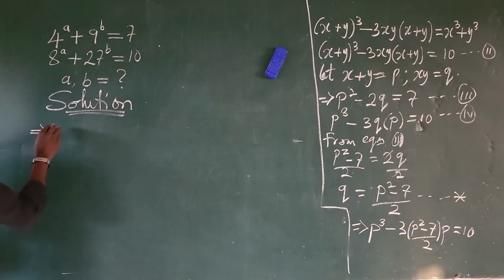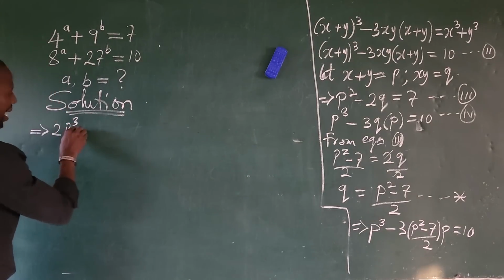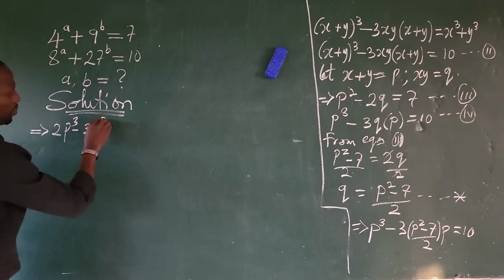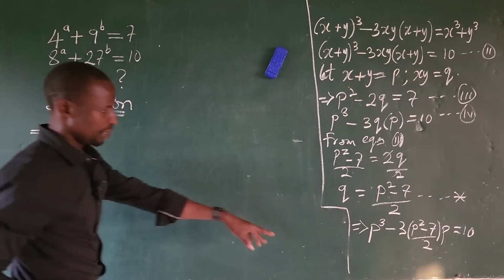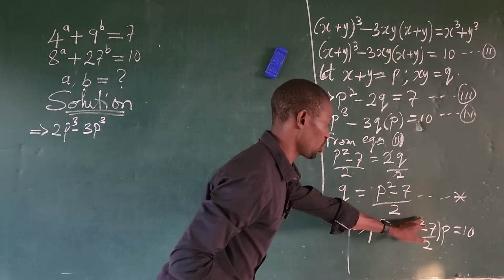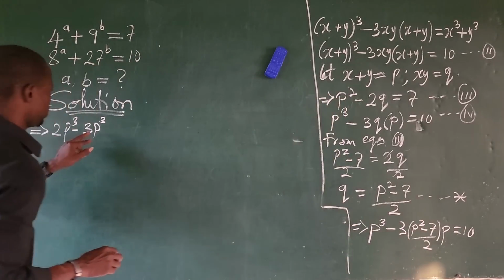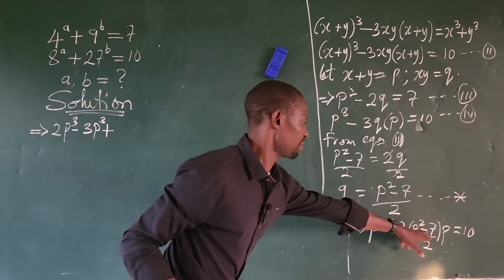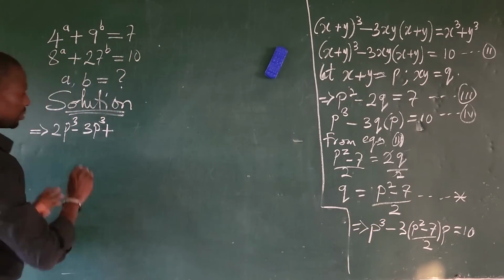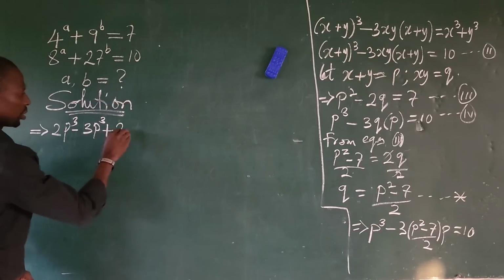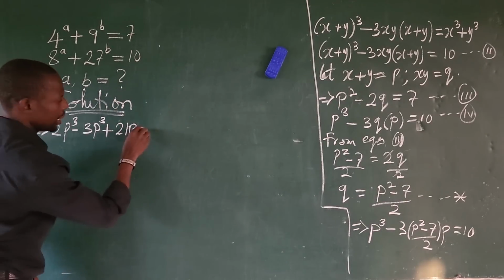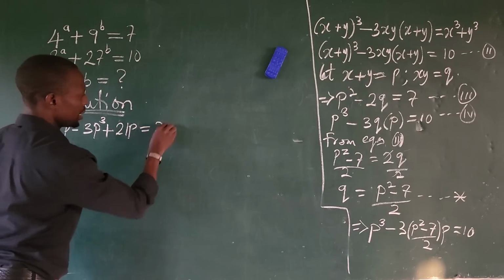And this now implies 2p to the power of 3, then minus 3 p to the power of q, because here we have p squared times p to give us pq, then plus, because minus times minus will give us plus, 21p, then equal to 20.